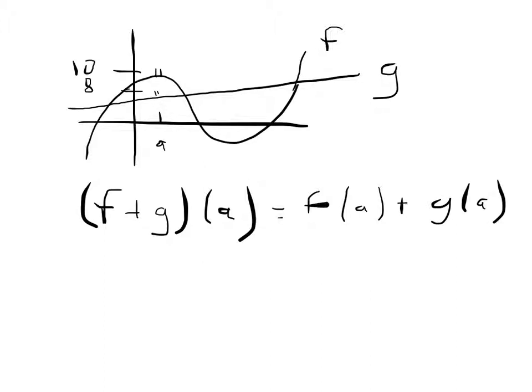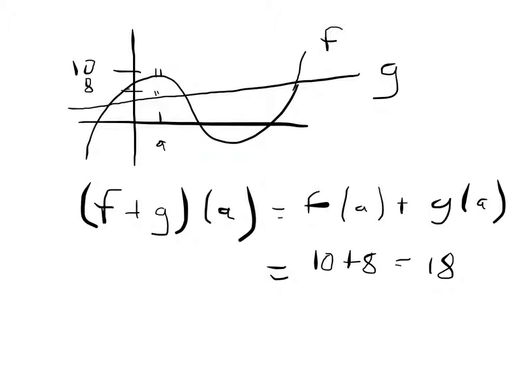So looking at what we've got set up here, at a, the value of f at a is 10, and the value of g of a is 8. So therefore, I would have f of a plus g of a equals 10 plus 8 equals 18. And I can see that simply what I'm doing is taking a function output here, and then adding another output here.